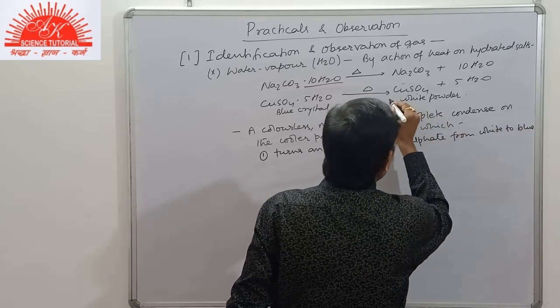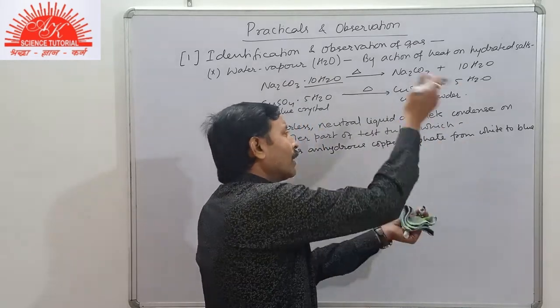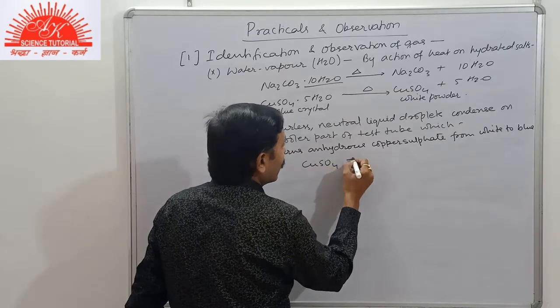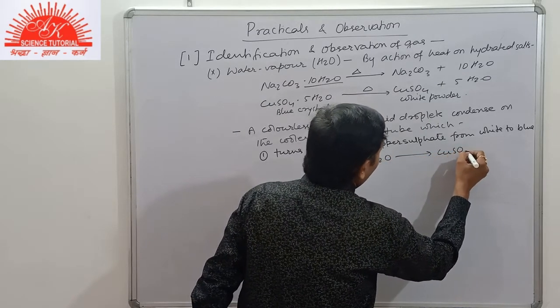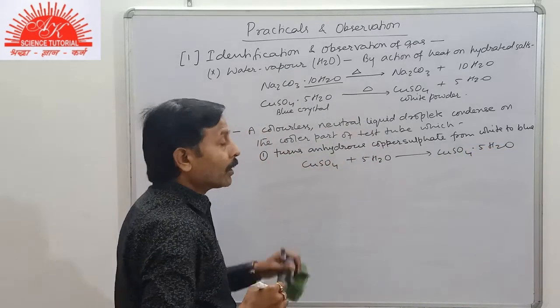That is, anhydrous copper sulfate is this one, it is white powder, and when water is added to it, it again turns to blue crystal. Now you see, this is CuSO4.5H2O. Now this is the first test for it.